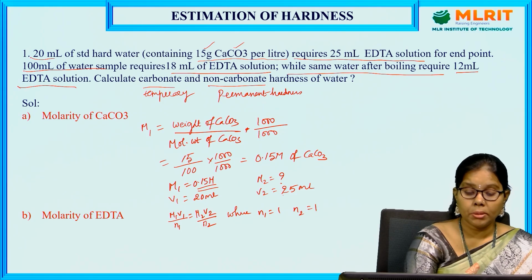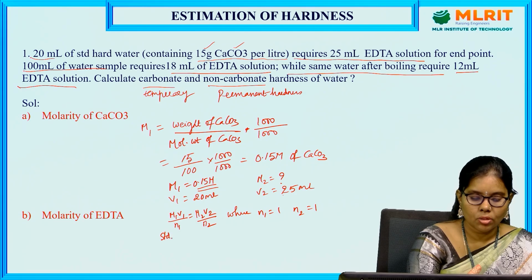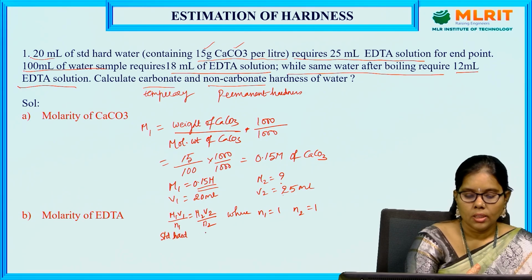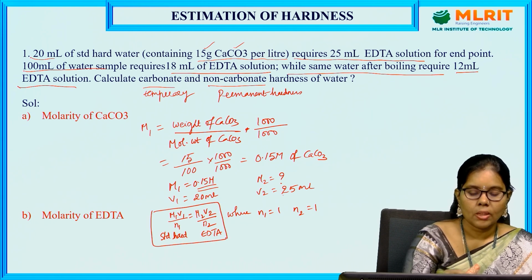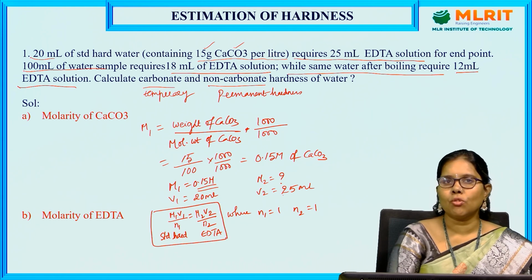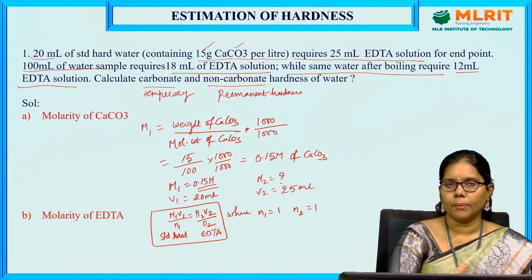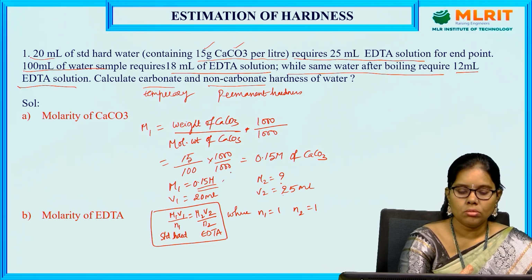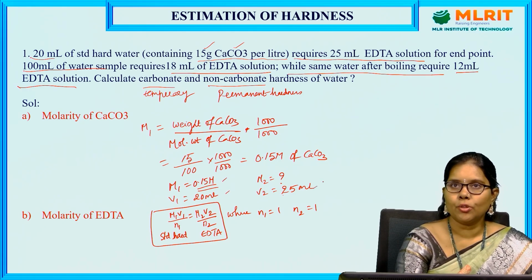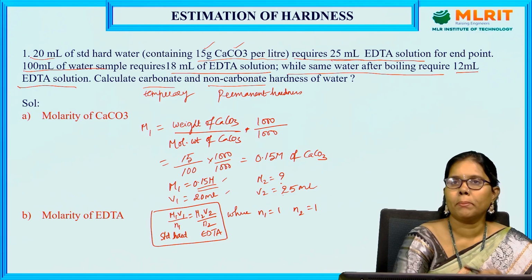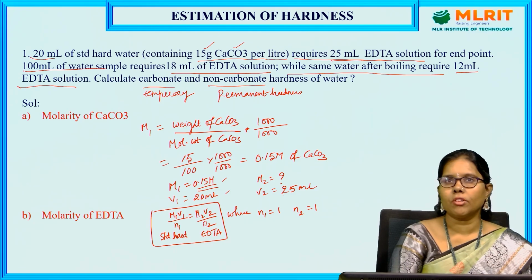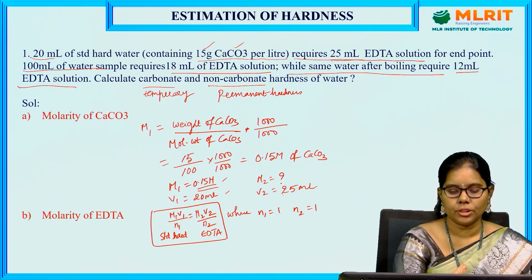Here 1 is standard hard water, 2 is EDTA. We have the M1 value, V1 value, and V2 value, which is 25 ml. 20 ml of standard hard water consumed 25 ml of EDTA solution.